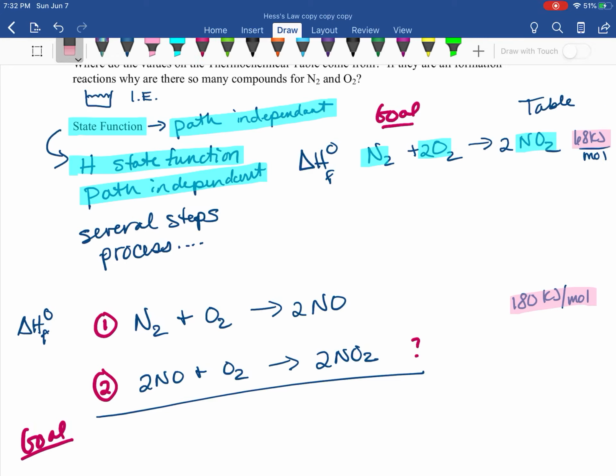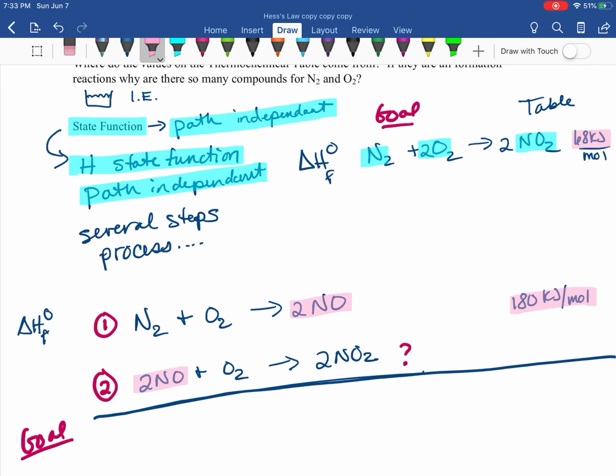In other words, where did this number come from? Well, if we had data for this, we could figure that out. Or if you have both of the numbers that I've given you on the table, couldn't you also figure out what this is? So Hess's law is one big summation, one big balancing act.